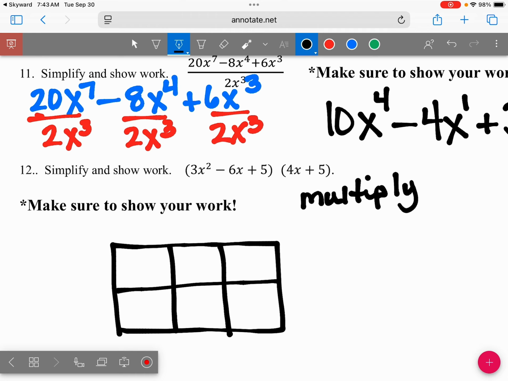All right, go ahead and set it up. So we have our 3x squared minus 6x plus 5. And we have our 4x plus 5.